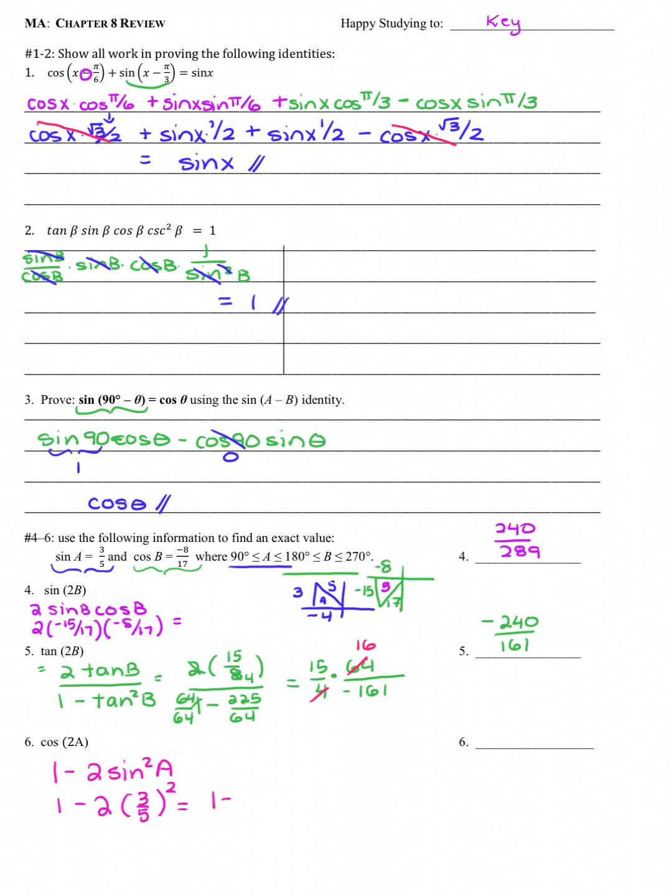So this becomes 1 minus 2 times 9 over 25. So turn this into 25. 25 minus 18 is going to be 7. So this becomes 7/25.